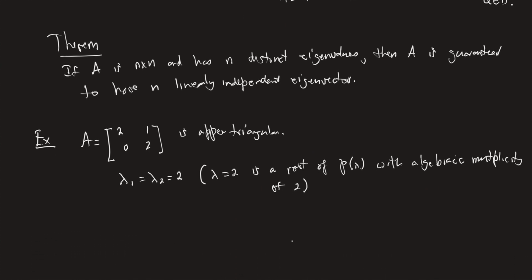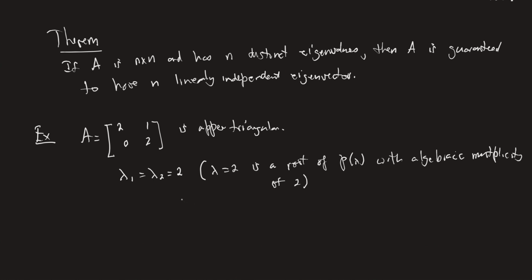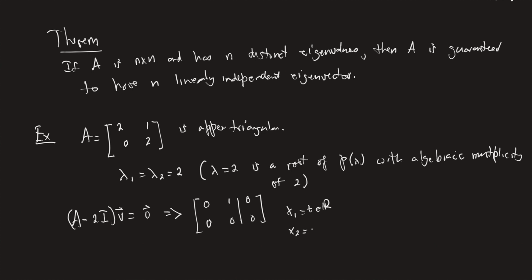Let's see what the eigenvector would be when we try to find the eigenvector for this. So let's look at A minus 2I times v. We're going to set up this homogeneous system, subtracting 2 from the entries on the main diagonal, and we end up getting 0, 1, 0, 0. And then there is our homogeneous system. In this case, x1 would be a free variable, and x2 would have to be equal to 0.